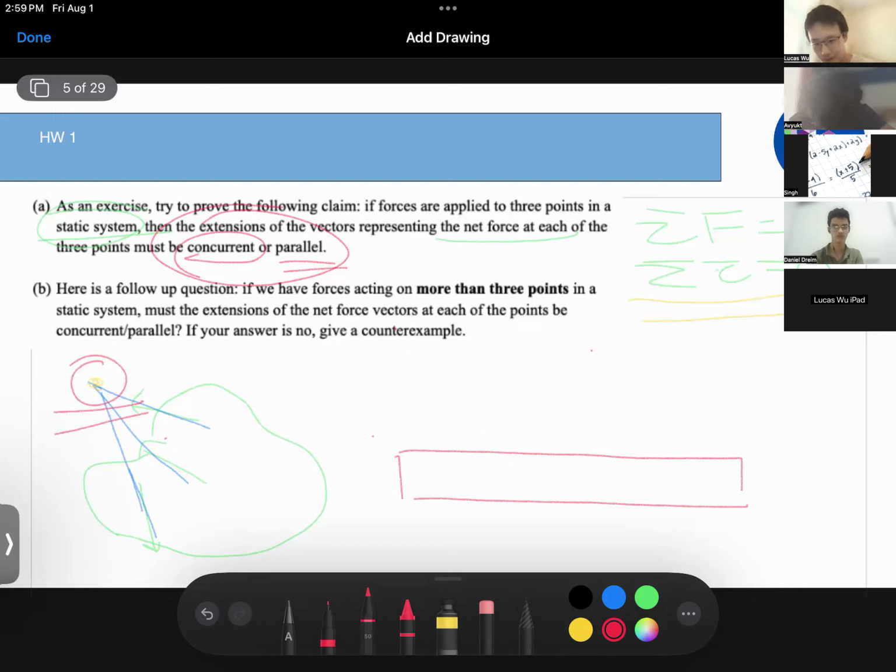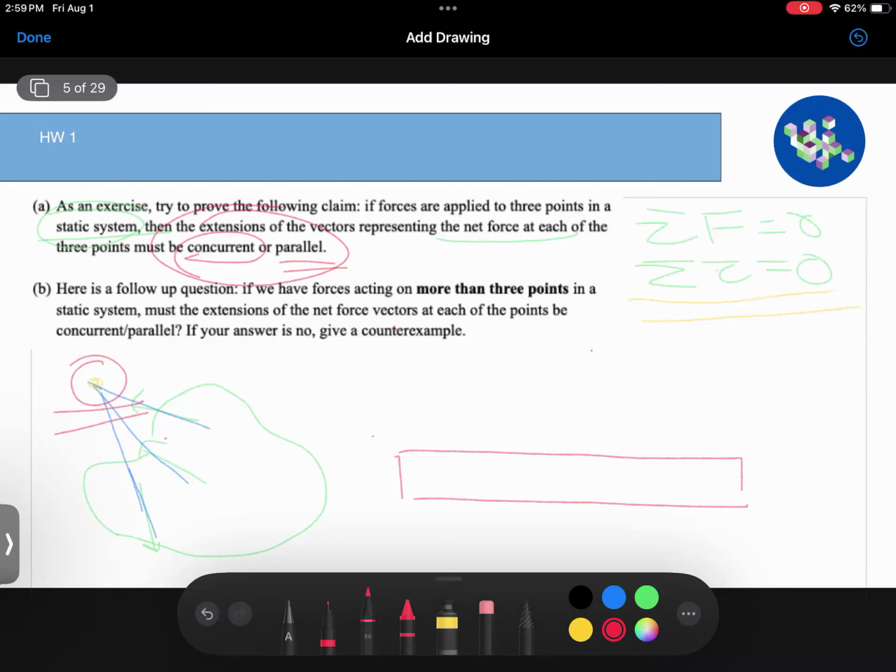For example, we apply one force this way at the end, another force this way at the other end, and their extensions, if I extend them, will meet somewhere at that point over there, right?